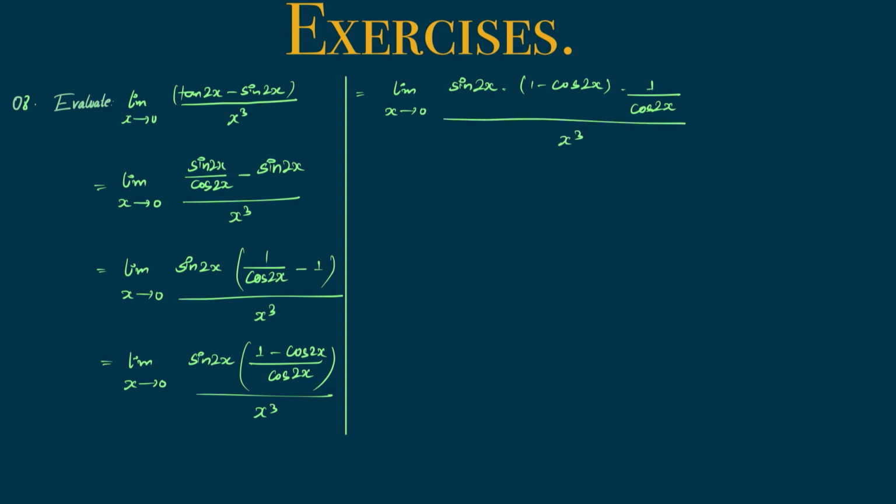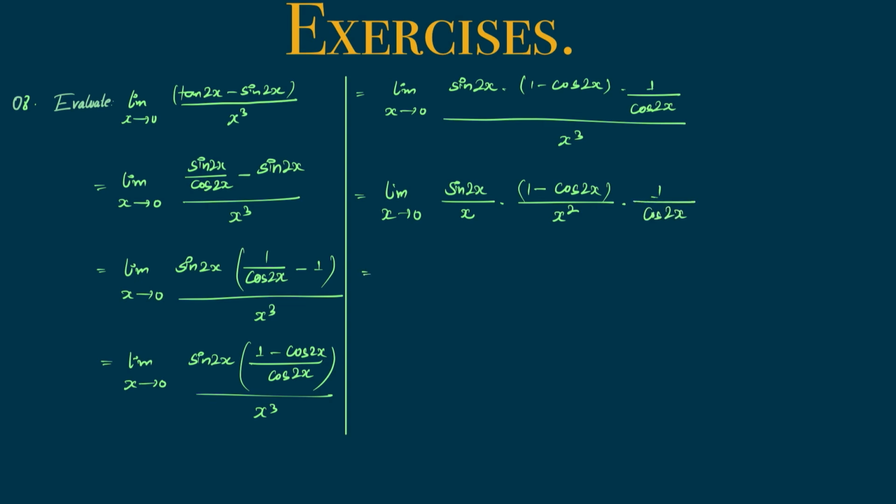I can write this way, okay. So it will be equal to limit x tends to 0. Now this x cube can be written as x into x square. So let me write x with the sine 2x and x square with this 1 minus cos 2x. So it will be sine 2x by x into (1 minus cos 2x) by x square into 1 by cos 2x.